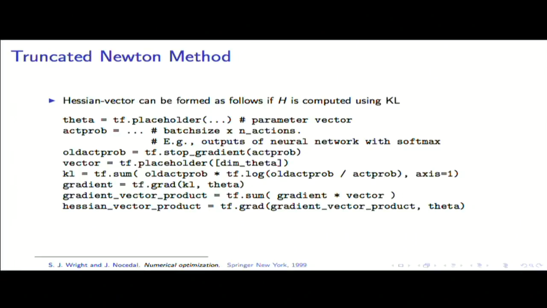But let's say theta is just a flattened vector of everything. So we apply the neural network parameterized by theta to get action probabilities. This is a symbolic expression for the action probabilities, a matrix with batch size times n actions elements in it.